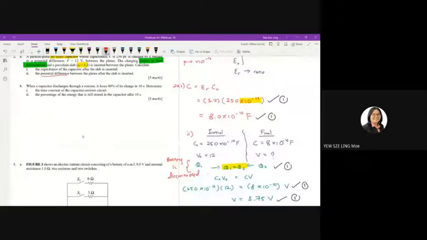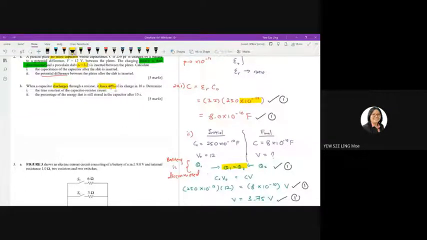Okay, so question B. Now, question B, I think almost 99% of you got it wrong, because you don't understand the question. So when a capacitor discharges, obviously this is a discharging process. When a capacitor discharges through a resistor, it loses 40%.